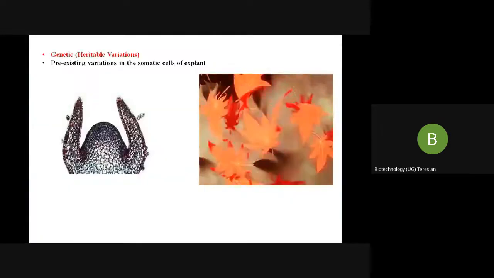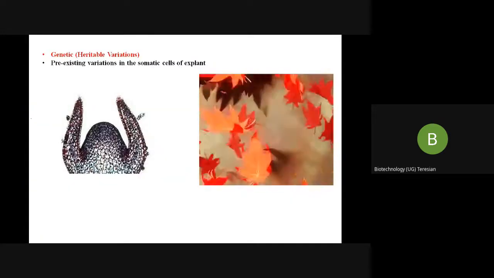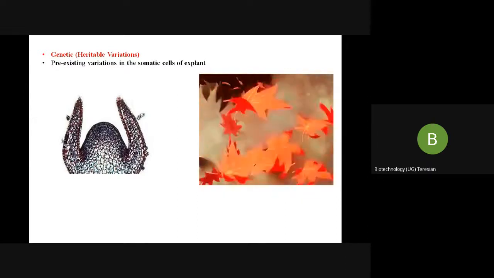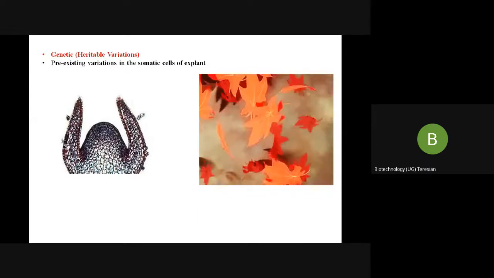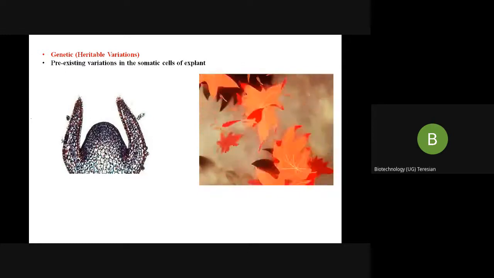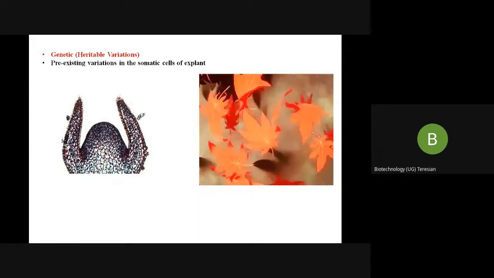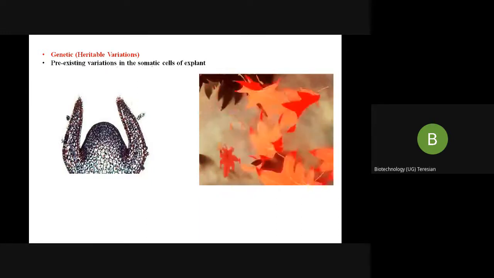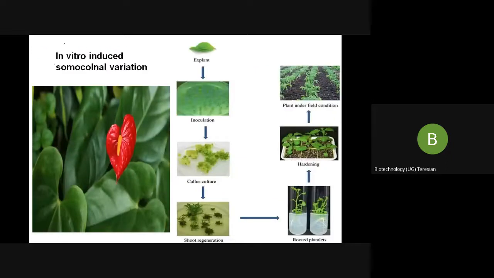Already we spoke about this. So these somaclones, because they depend on different sources of variation, you saw all those sources causing variation. There are two types of variation. One is the pre-existing variation in the somatic cell of the plant. Another is the in vitro induced somaclonal variation.